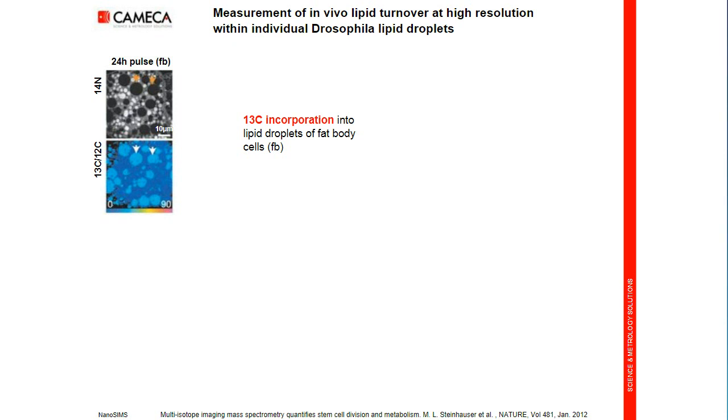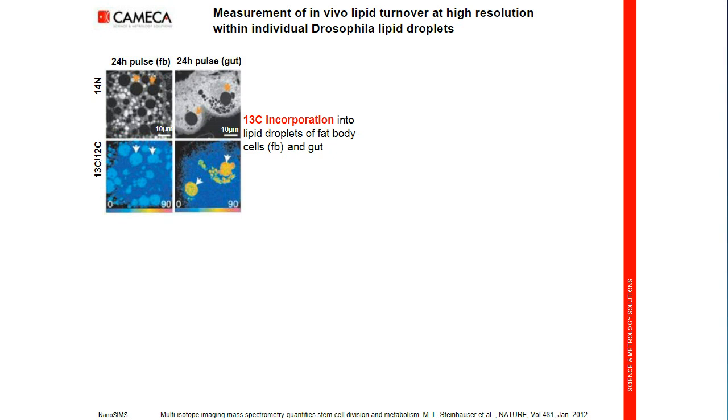Note that the lateral resolution of the NanoSIMS in this experiment is roughly 50 to 100 nanometer. But it was a surprise to see that the carbon-13 palmitate was stored in some lipid droplets in the gut at a higher level compared to the expected location of fat body cells.